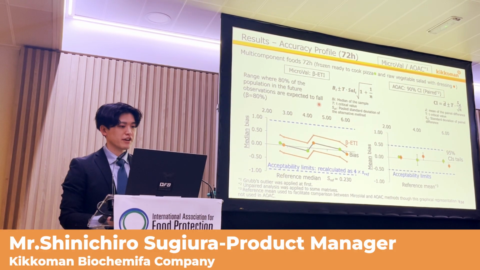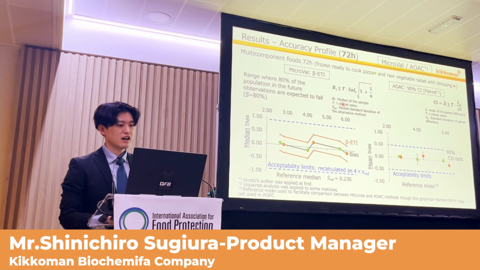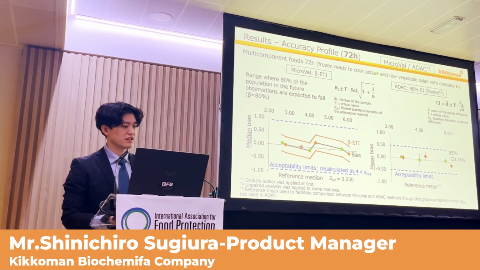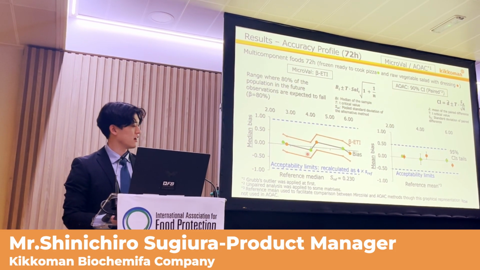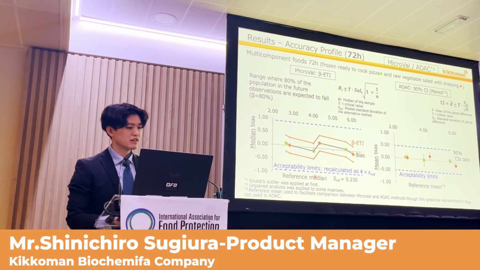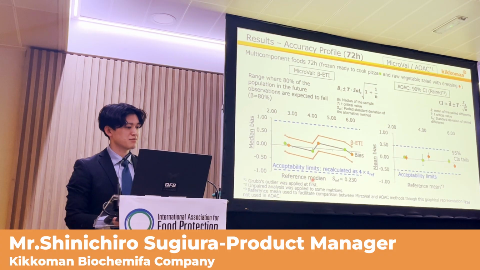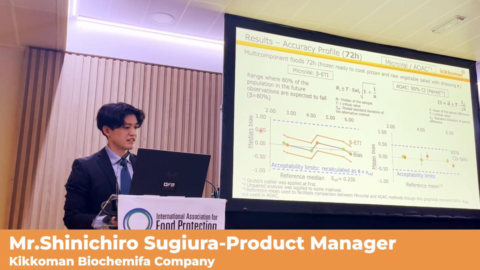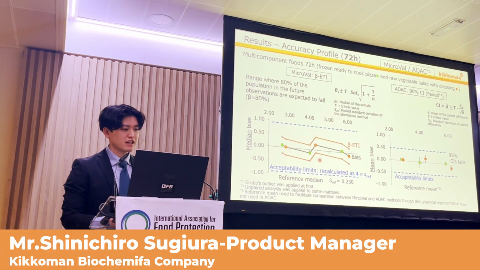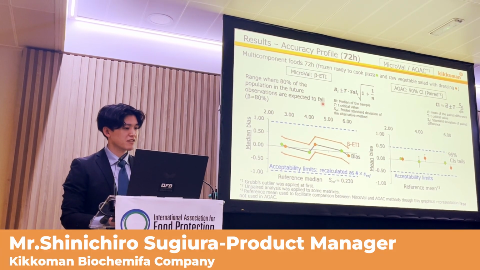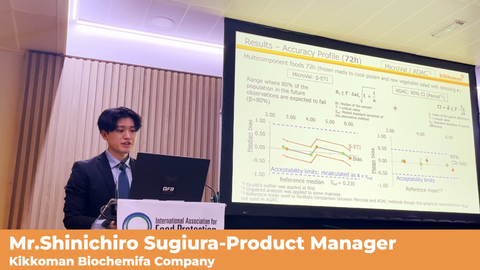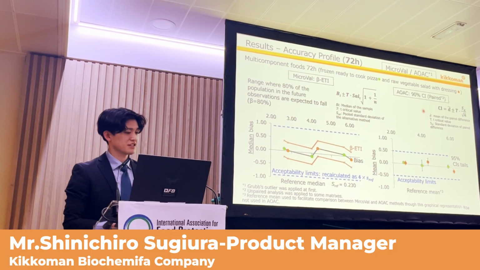This category consists of pizza and salad, and each are plotted in green and orange respectively, and x-axis is a reference method and y-axis is a bias or the average difference. And in MicroVal, beta ETI is used, whereas in AOAC, confidence interval is used.